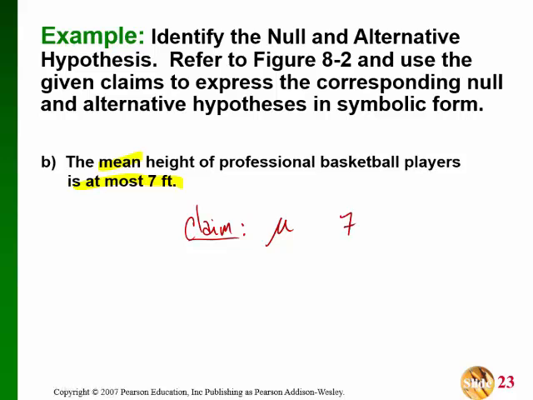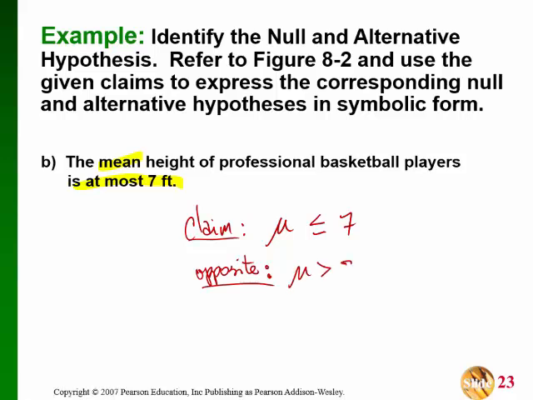Now, I know the other side is 7, at most. At most 7, what is it? Less than or equal to. So that one contains a condition of equality. So if that's our claim, what's the opposite of the claim?